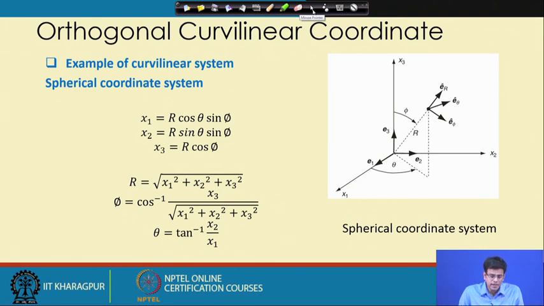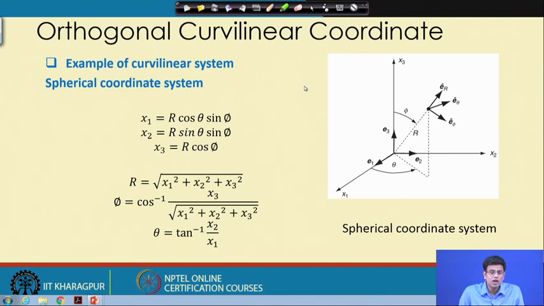Now, let us define in general the relation between the Cartesian and any orthogonal curvilinear system, and then we will go for a specific case, the cylindrical coordinate system.